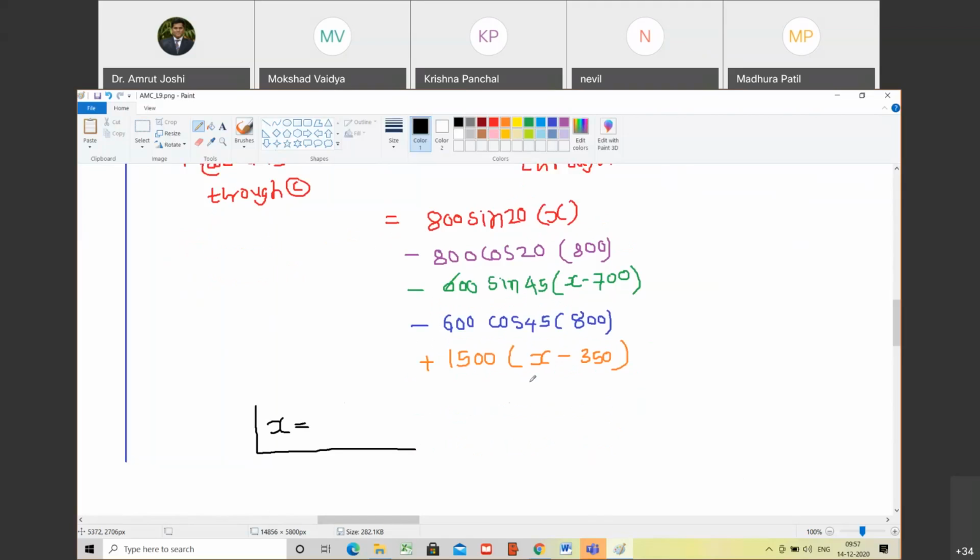So 800, ensure that your calculator is in degree mode. 800 sin 20 into alpha x minus 800 cos 20 into 800 minus 600 sin 45 into bracket alpha x minus 700, bracket complete, minus 600 into cos 45 into 800 plus 1500 into bracket alpha x minus 350, alpha equal to 0, shift solve.